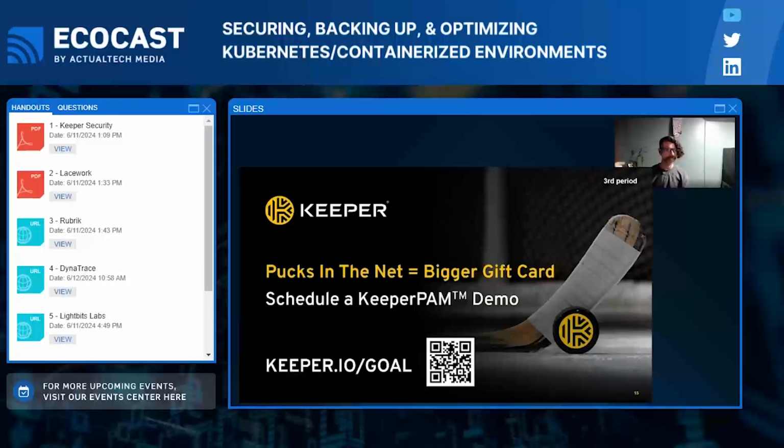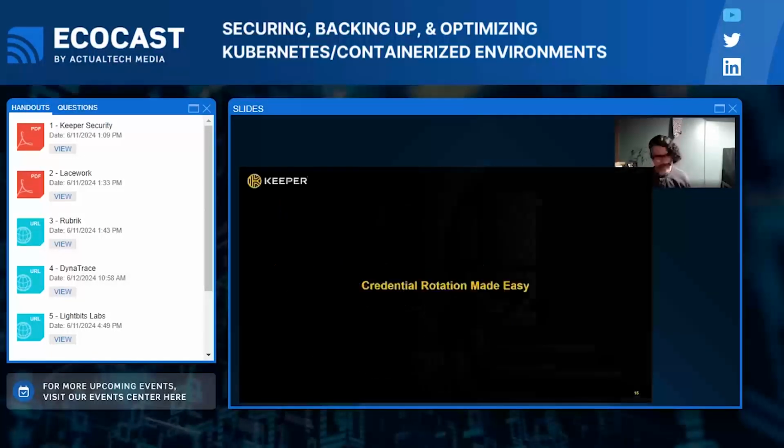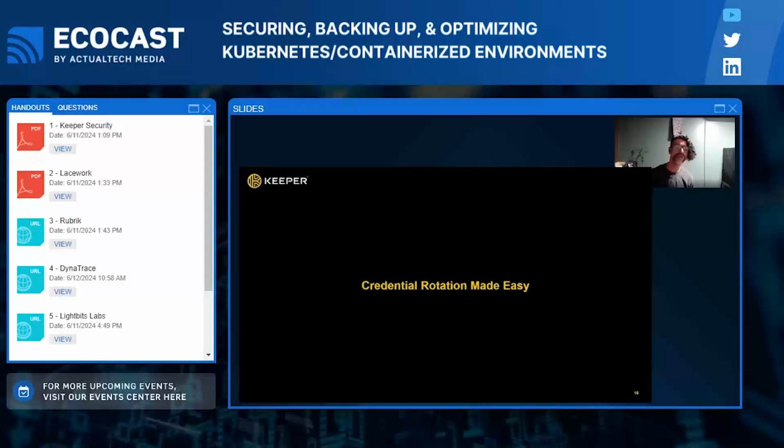Let's keep on digging through this discovery. Credential rotation. So PAM, one of the biggest things with PAM and these cybersecurity strategies is rotation of credentials. Making that easy. Why? Maybe you're dealing with multiple systems, hundreds of systems, virtual machines, physical machines, Azure accounts, Active Directory accounts, SQL accounts.